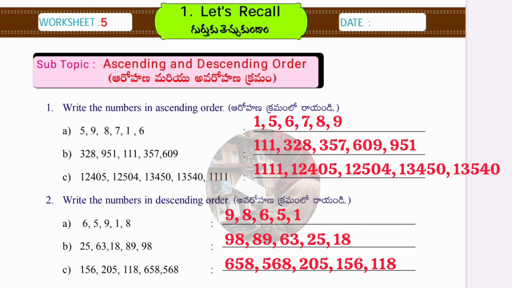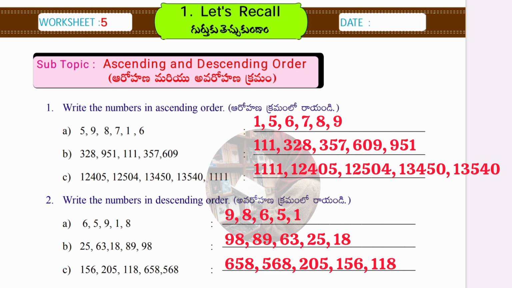In the second Roman, descending order, first one, see, 6, 5, 9, 1, 8 is given. So we have to write it in descending order, which means decreasing order. So first 9 will come, then 8, then 6, then 5, after that 1. In this way you have to write down the ascending and descending form for the given numbers.